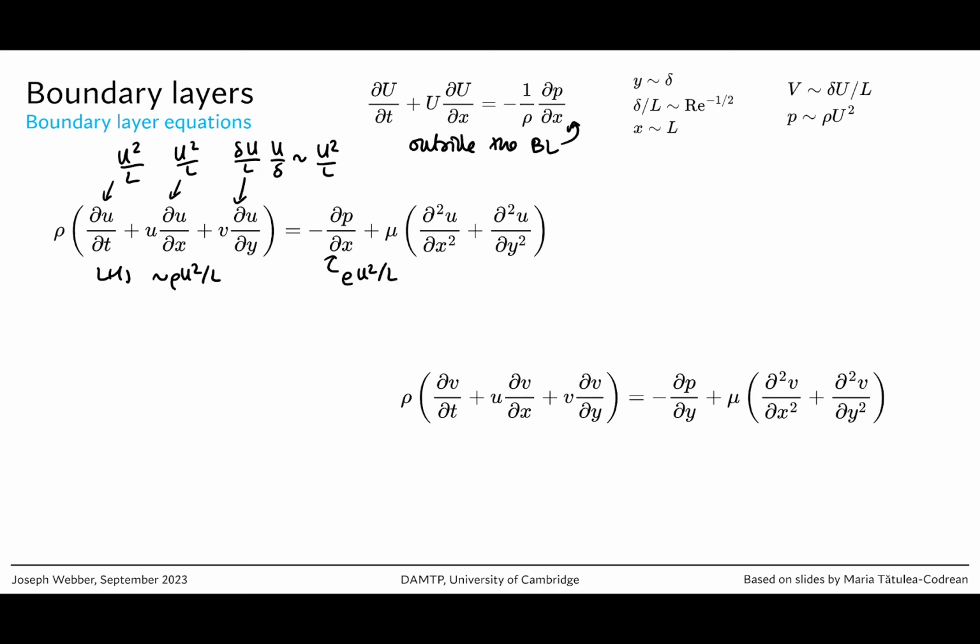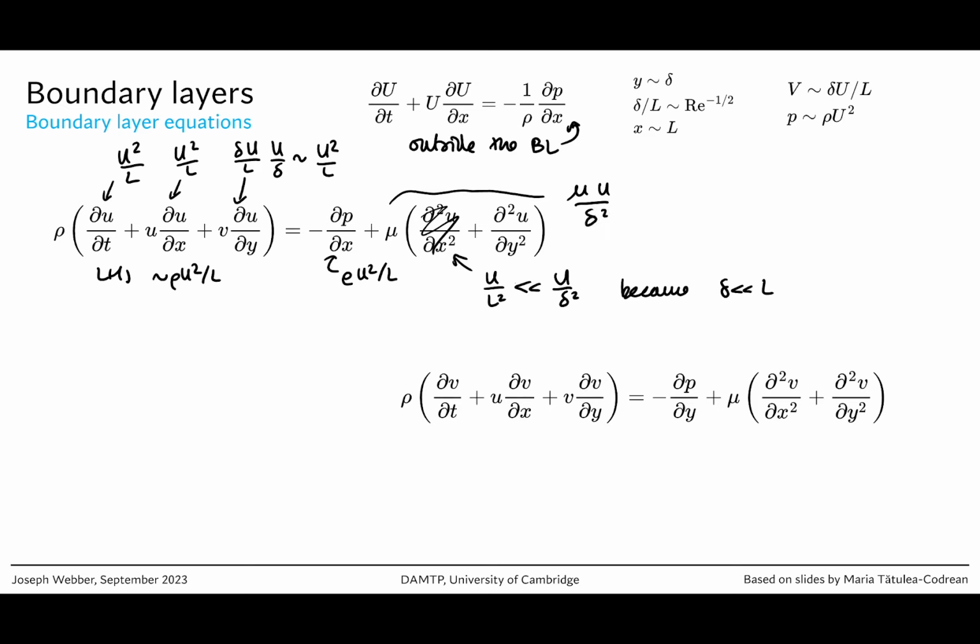The same argument we used to neglect the horizontal derivatives in lubrication theory works here, that actually u over L squared is much, much less than u over delta squared, because delta is much, much less than L. So therefore, we can ignore this derivative, and we just say that this term scales like mu u over delta squared.